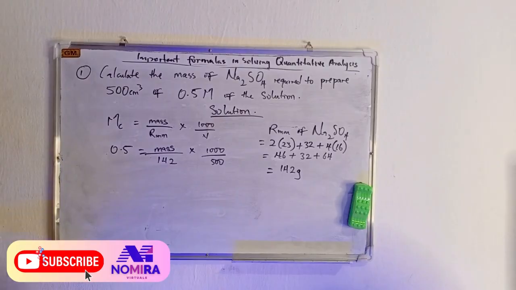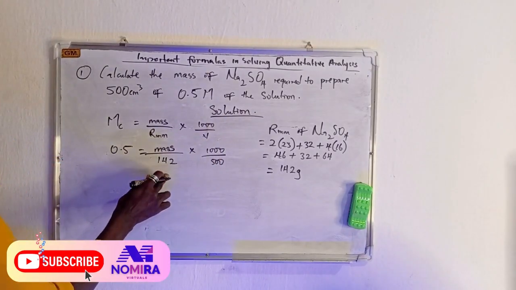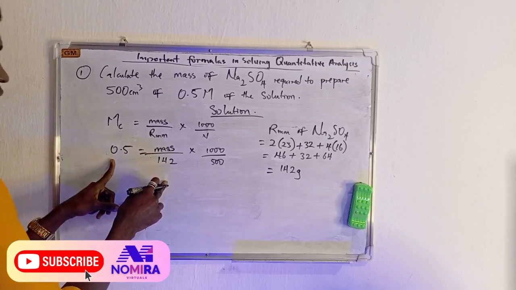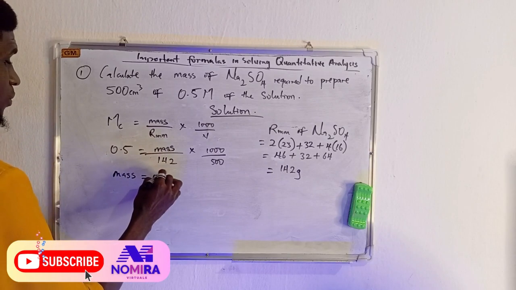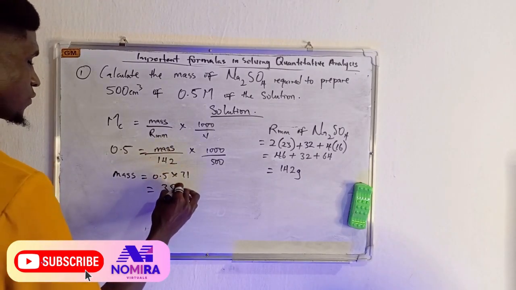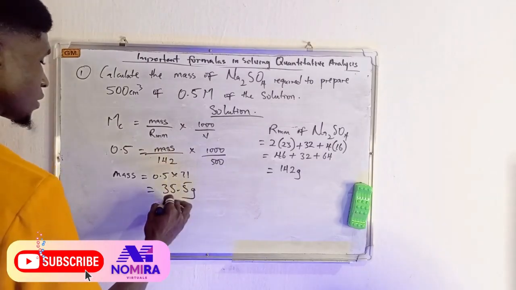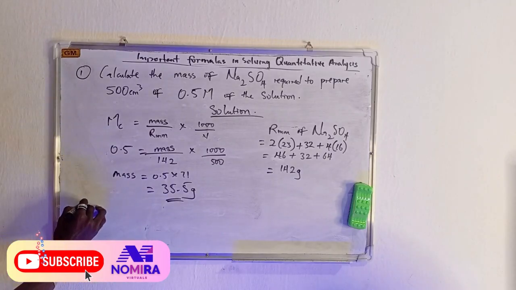This over this is 2, right? 2 in 142 is 71. Half of 71 means that the mass is 0.5 times 71. Half of 71 is 35.5 gram, right?